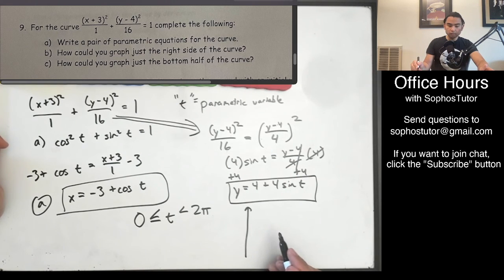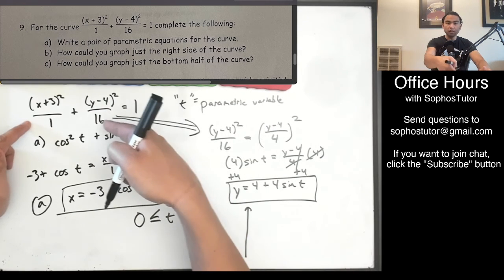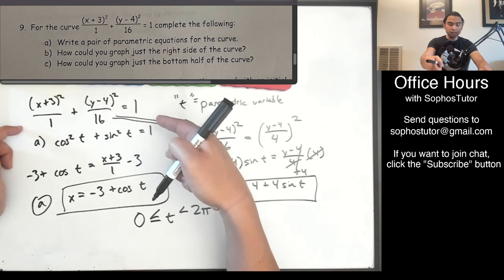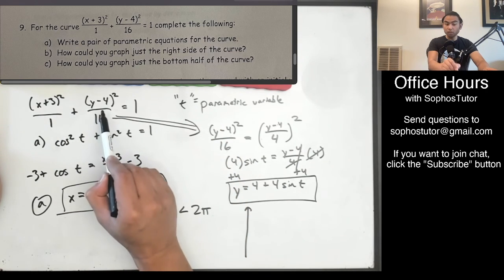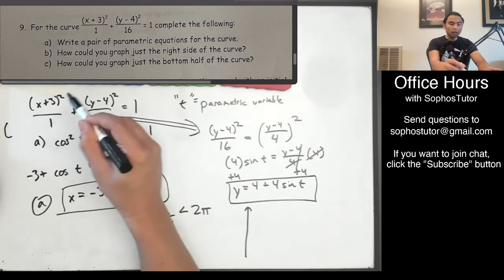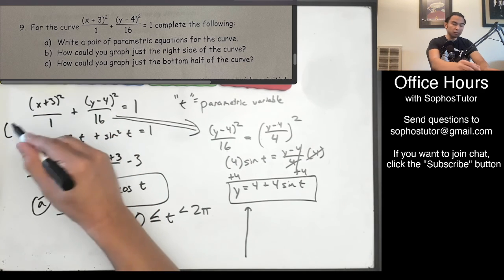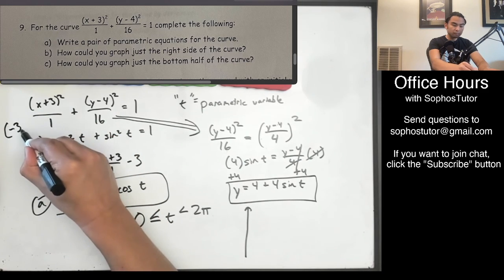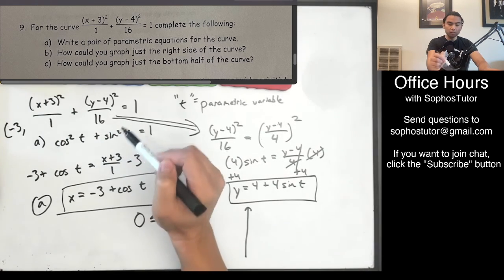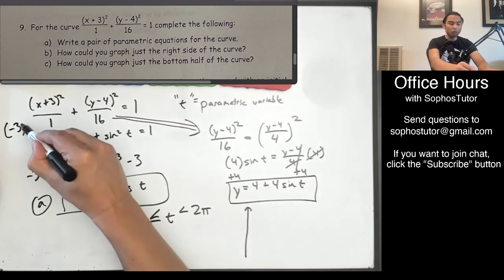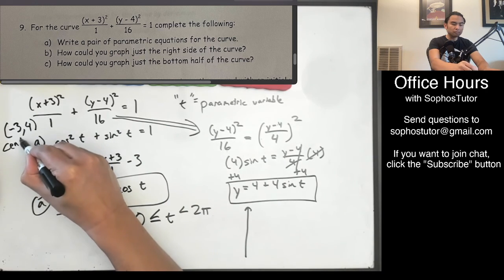So we know that the center of this ellipse is going to make both fractions equal 0. So I know that my x value is going to be -3, because if I plug in -3 here, it'll make this top part equal 0. And I know my y value is going to be 4. So (-3, 4) is going to be our center.